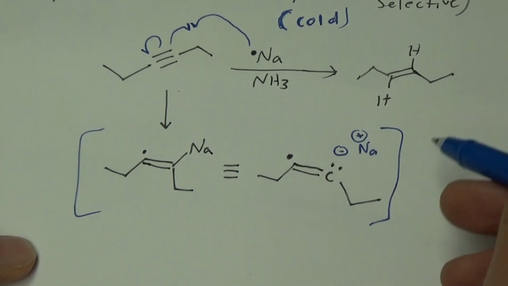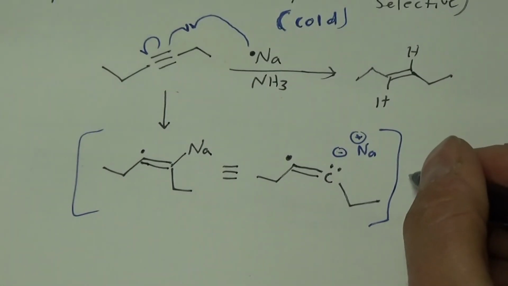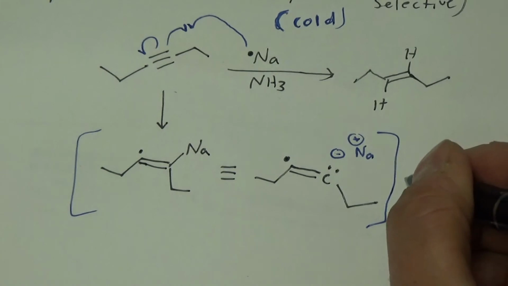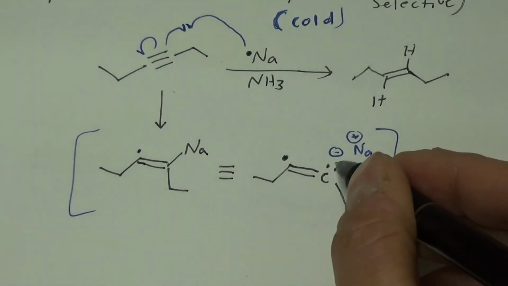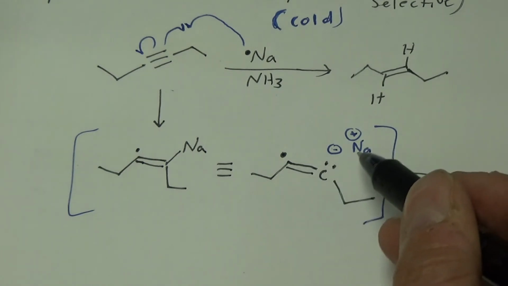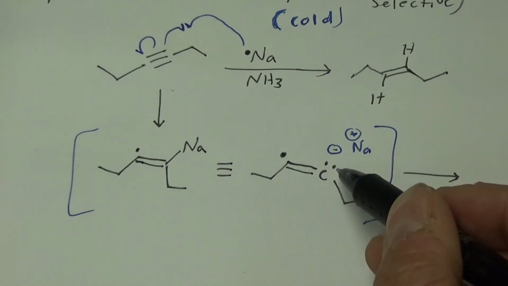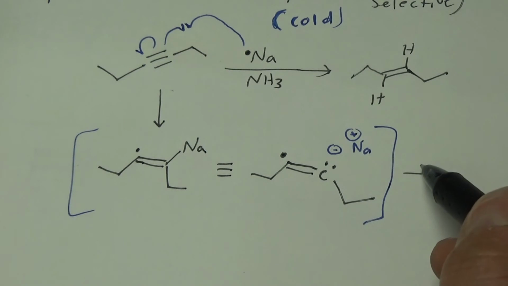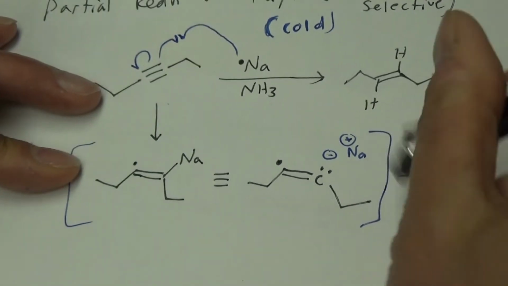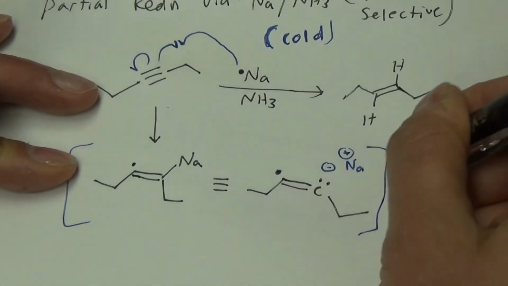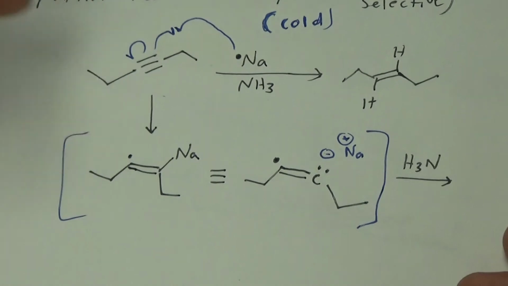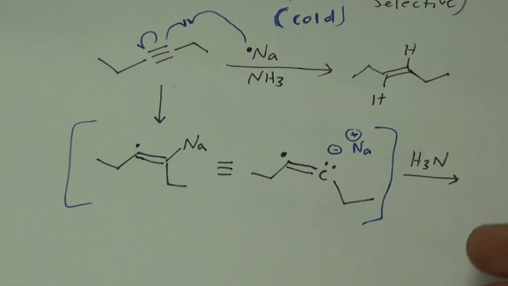Now, being a carbanion type molecule, does it like that? Is it content? Does it maybe want to get a proton? Yes, it's just like a Grignard or organolithium or organosodium. These things would rather get a proton from somewhere. So it can react with ammonia, NH3, in an acid-base like reaction.